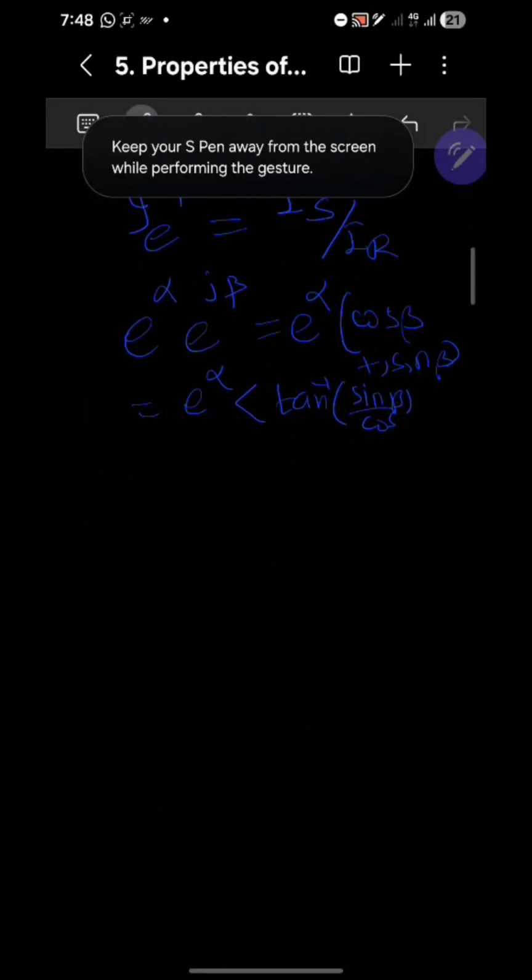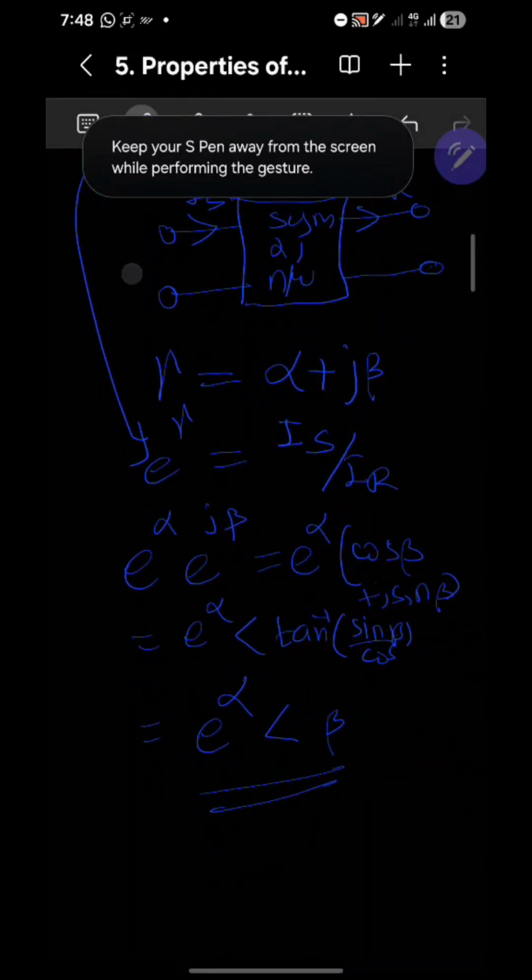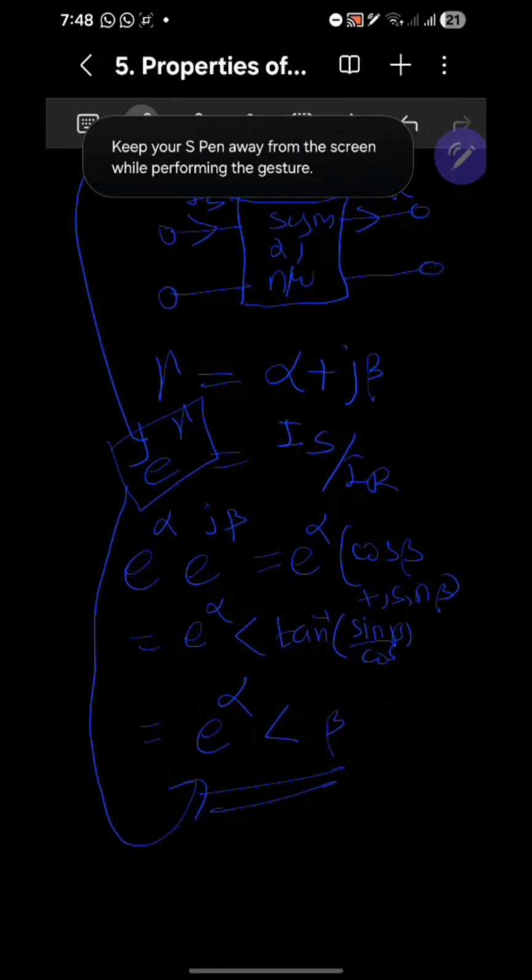This will become e raised to alpha angle beta. So this is the representation. The term e raised to gamma will be e raised to alpha angle beta.